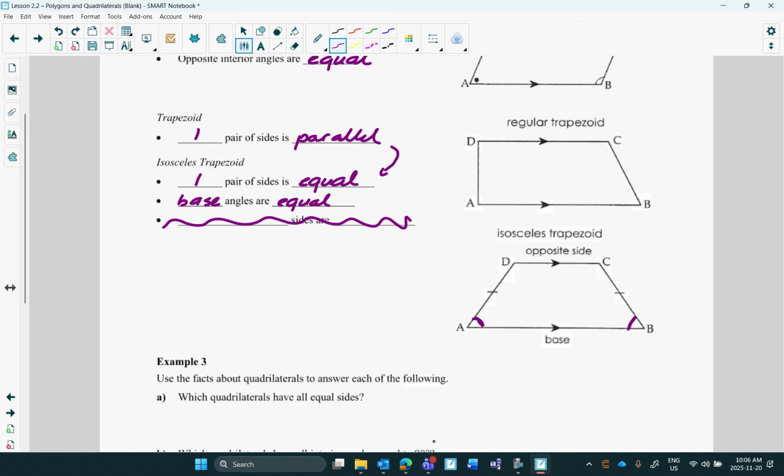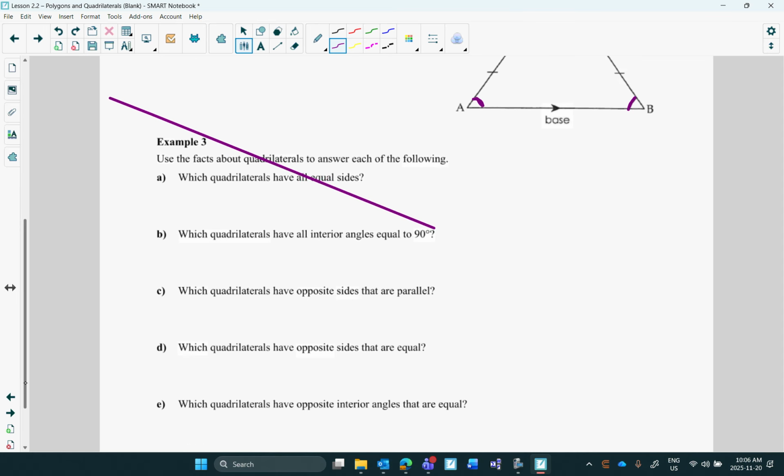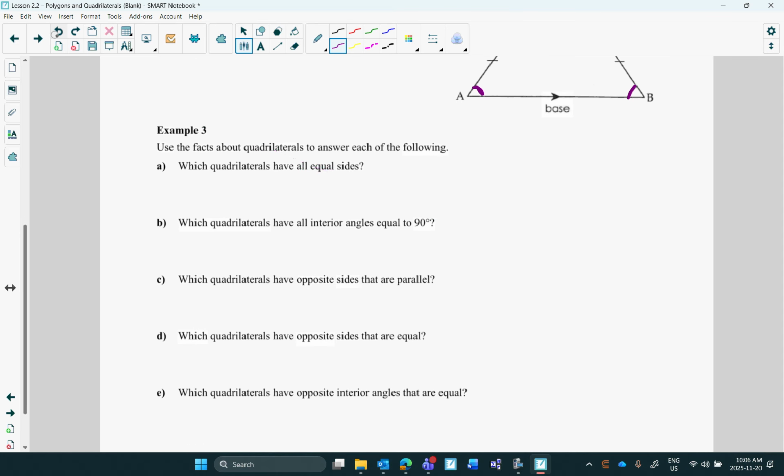So knowing those five, let's try to answer these questions. Which of the five quadrilaterals all have equal sides? Square? Anything else? No, rectangle doesn't have all equal sides.